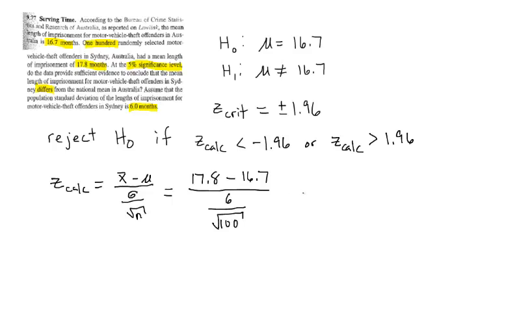And when we put this into our calculator, we get 1.83. And we can see that 1.83 is not greater than 1.96. So we're going to fail to reject H0.